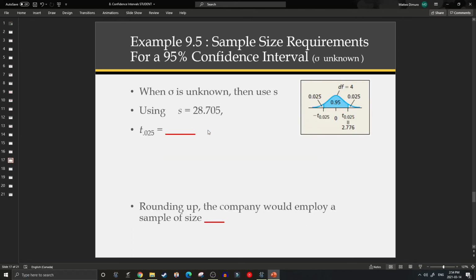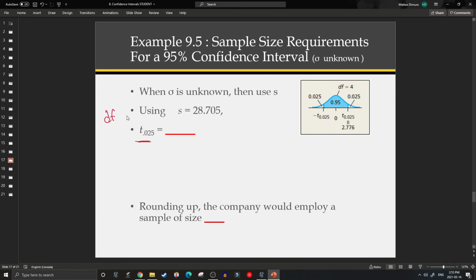Okay, now I have a very similar question, but for using the t-table. Sample size requirements for a 95% confidence interval, but we don't know sigma. So this is the sample standard deviation that we're going to use right here. Still 95% confidence interval, so when you go t alpha divided by 2, you're looking at t of 0.025. What's degrees of freedom?